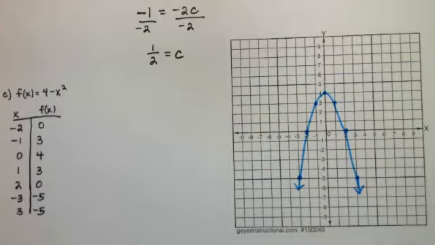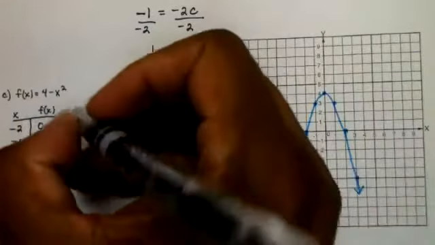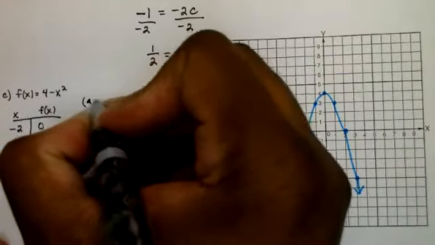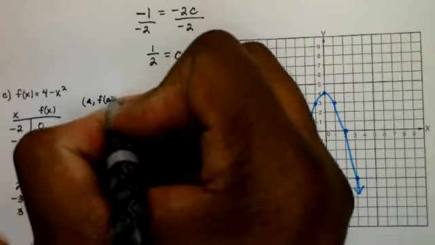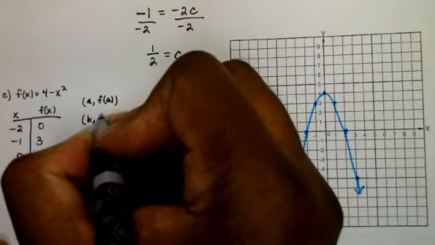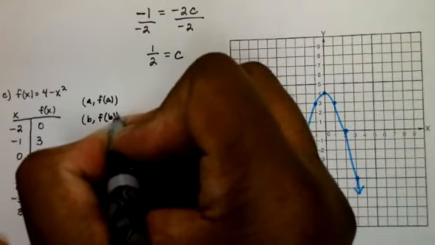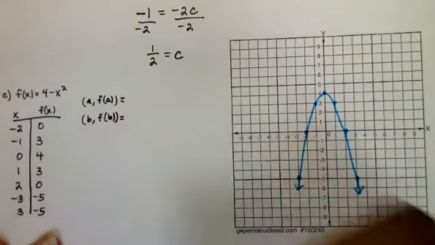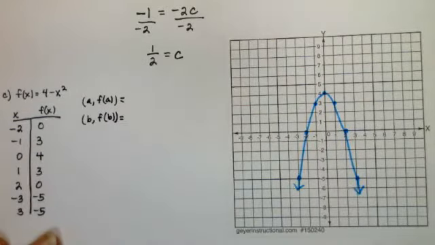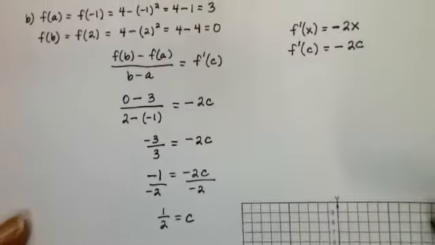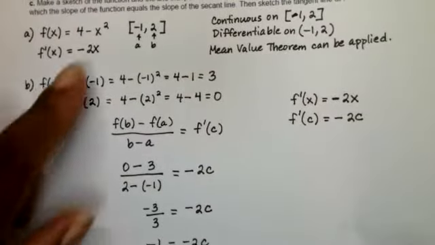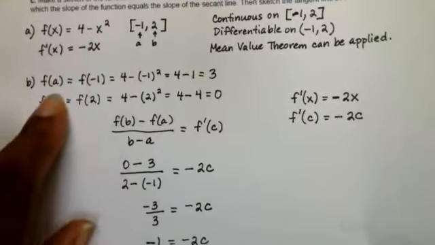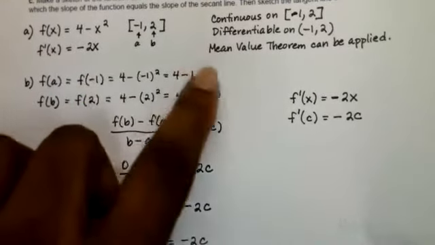All right, next I need to come up with a line that passes through (a, f of a) and (b, f of b). In this case, going back to part B, my a was -1, and I found f of -1, or f of a, to be 3.